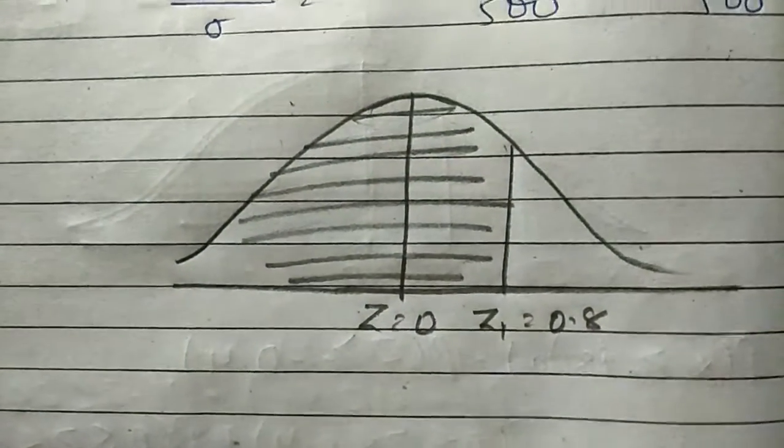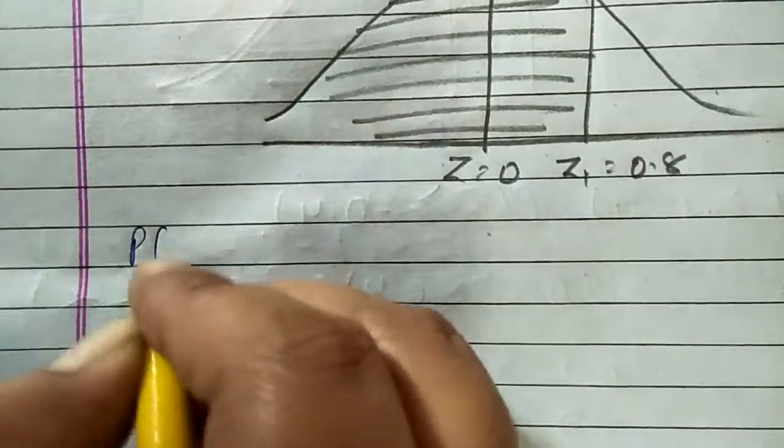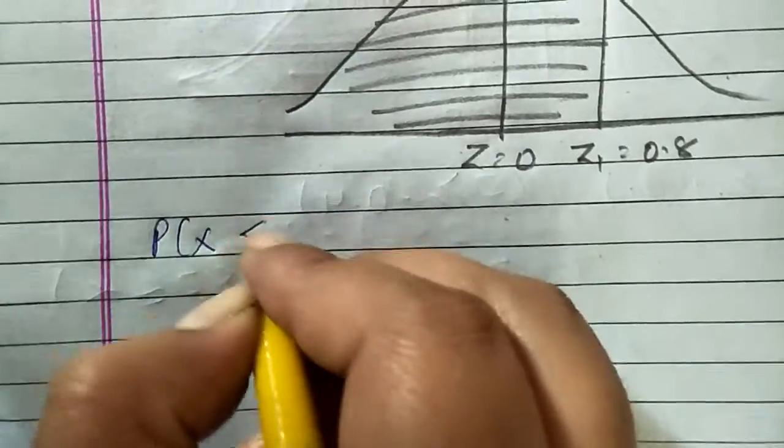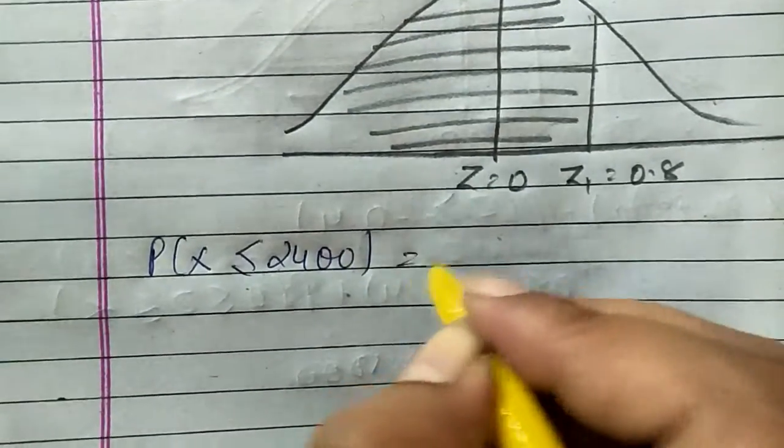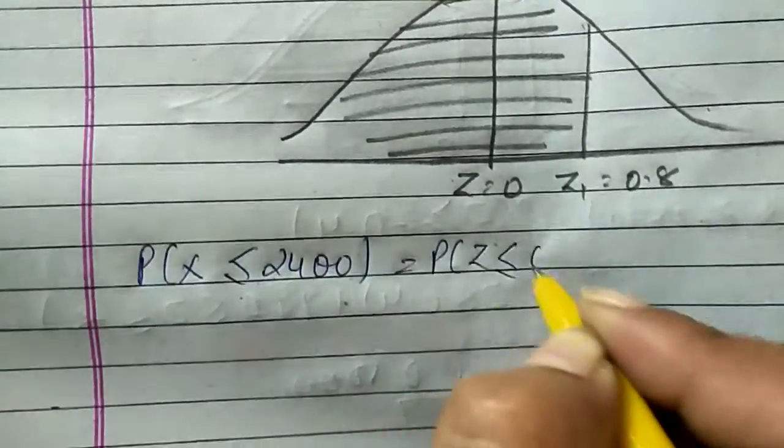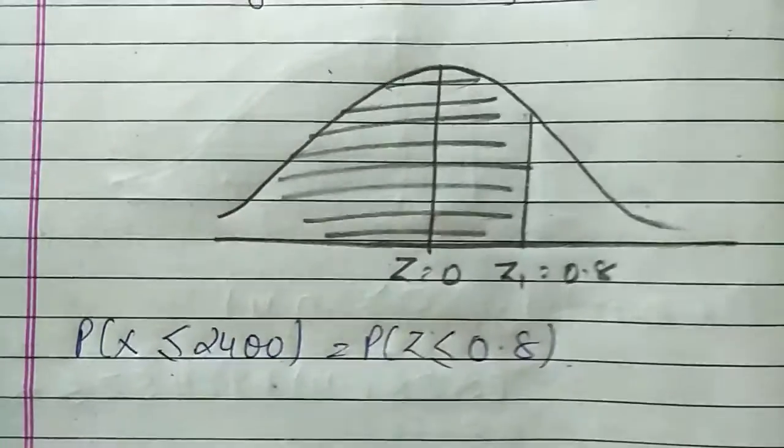Okay. So now here P(x ≤ 2400) = P(z ≤ 0.8).